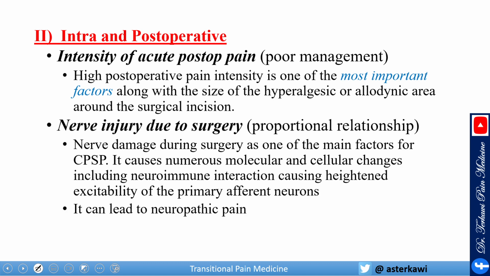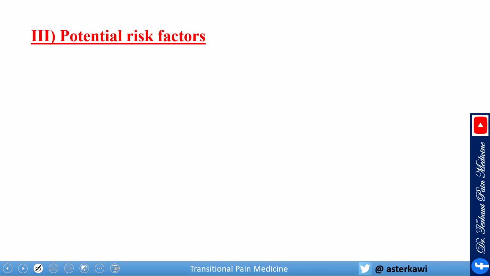Nerve injury due to surgery is also preventable if you use a less invasive surgery, careful with the dissection, careful with the retraction. So this also has a proportional relationship to chronic post-surgical pain.